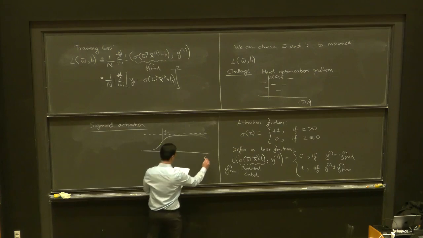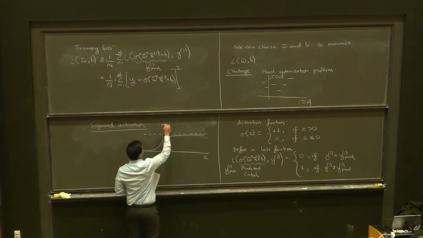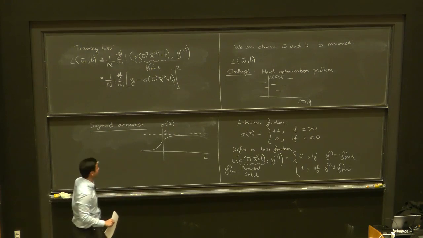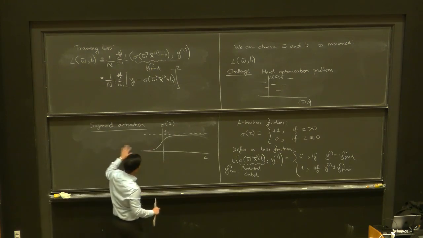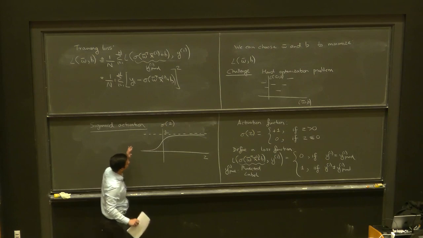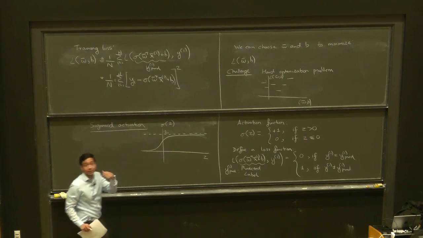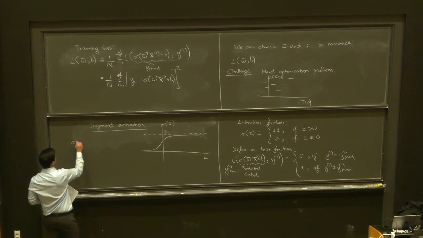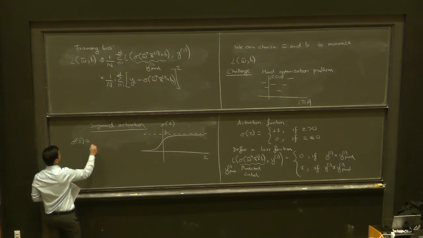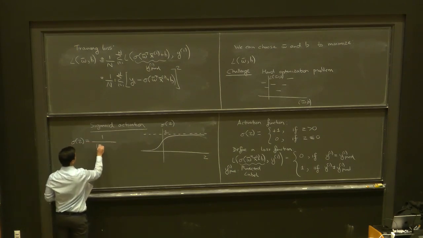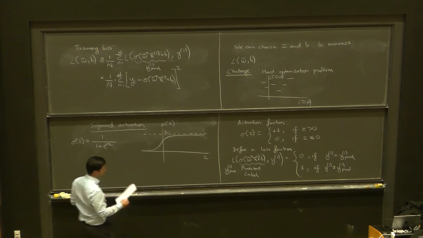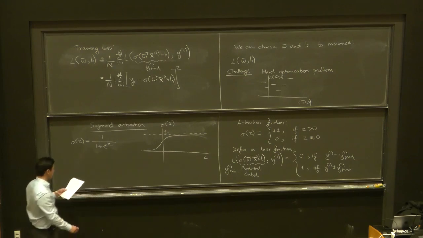Let's say the input is z, and this is sigma of z. As the input gets more and more negative, sigma outputs something closer and closer to 0. As the input gets more and more positive, sigma outputs something closer and closer to 1. The specific form is 1 over 1 plus e to the minus z. That gives you this kind of sigmoid curve.